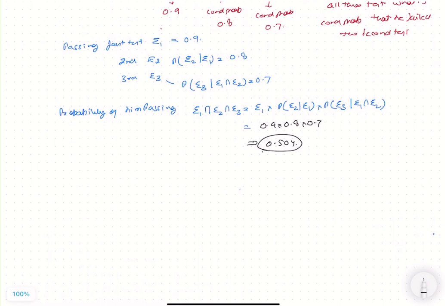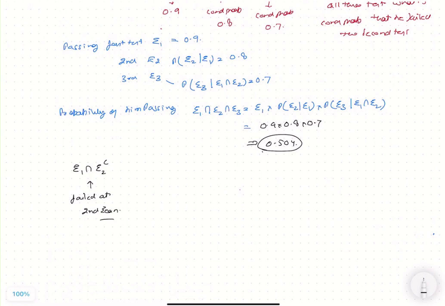So the event that he failed the second exam is that he passed the first exam and E2 complement, that is, he failed the second exam.